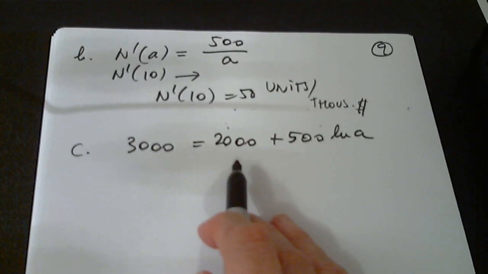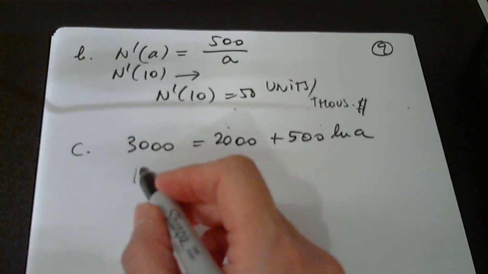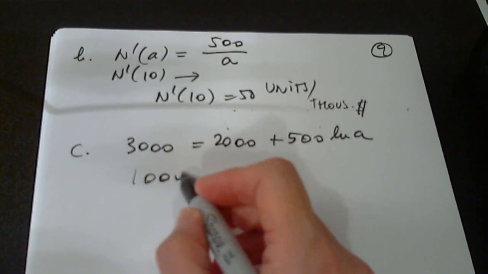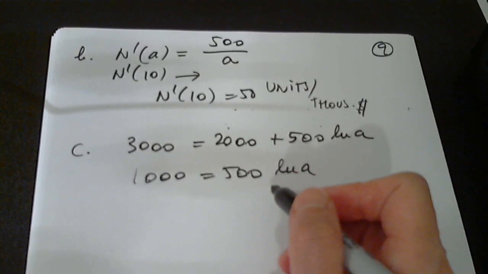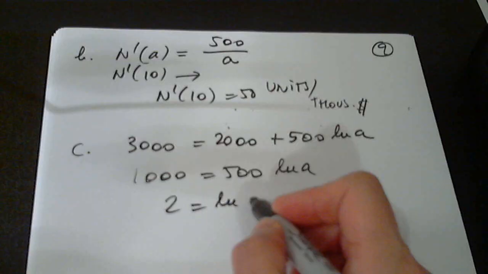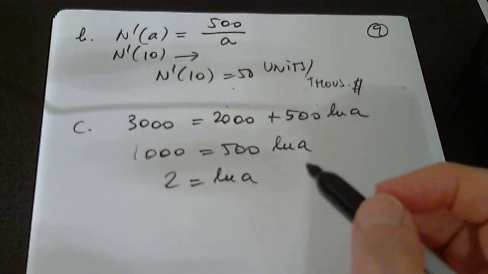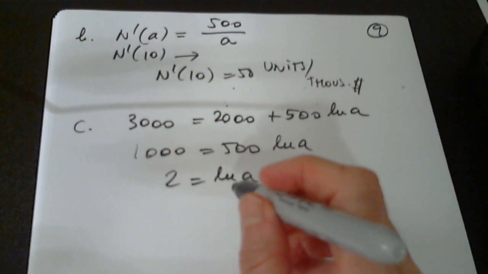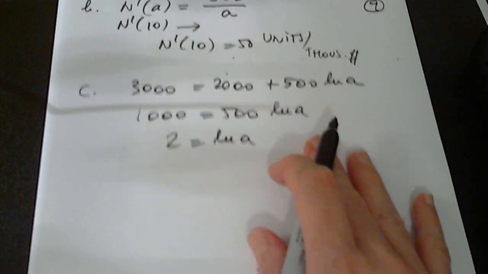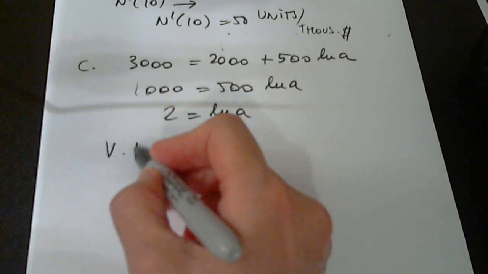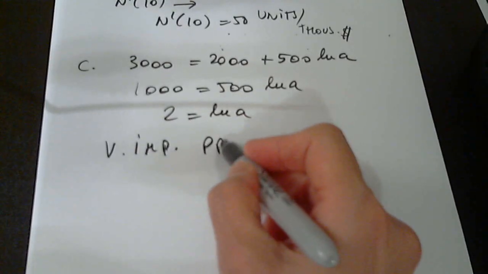We have to clean it up first. Subtract 2,000. Then divide both sides by 500. And now, in order to determine A, if you remember, this is a very important property.